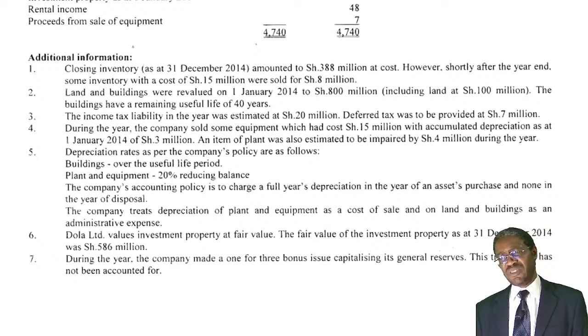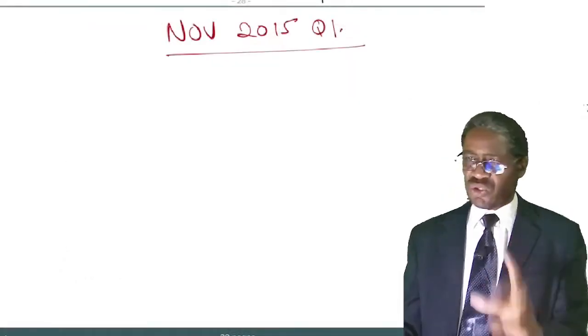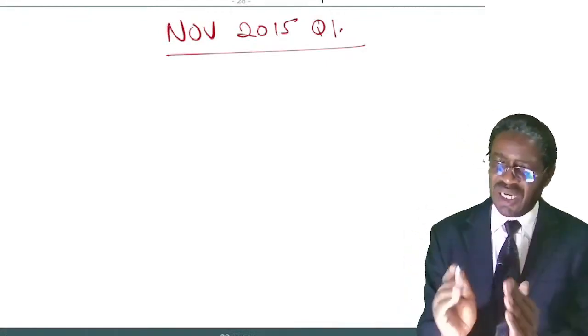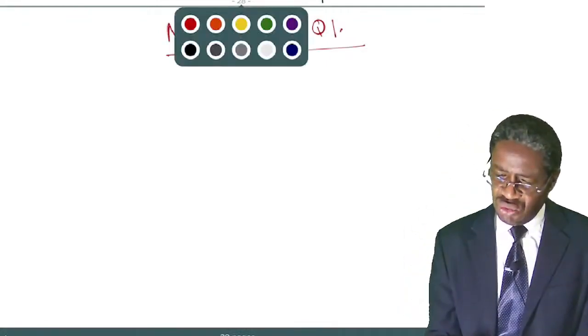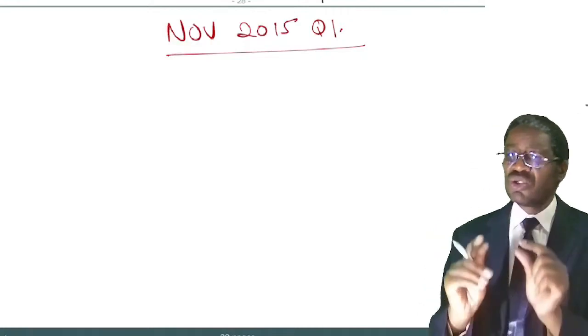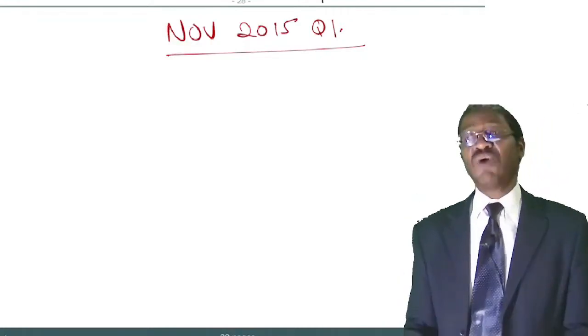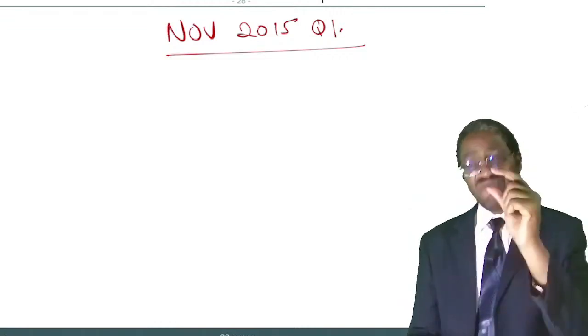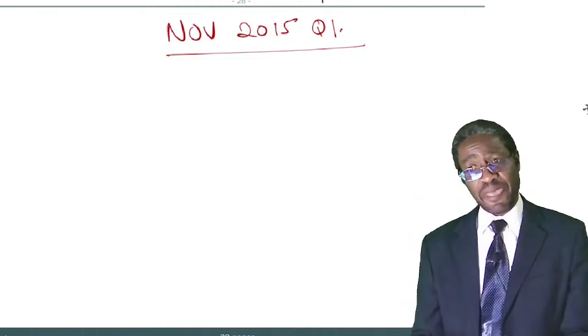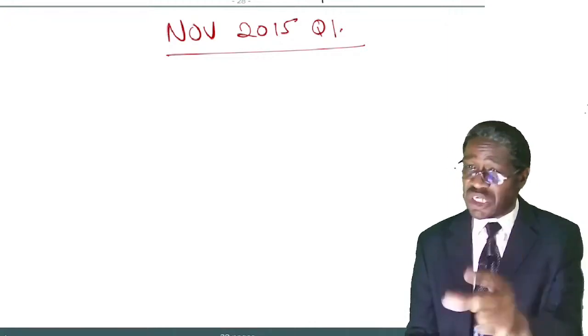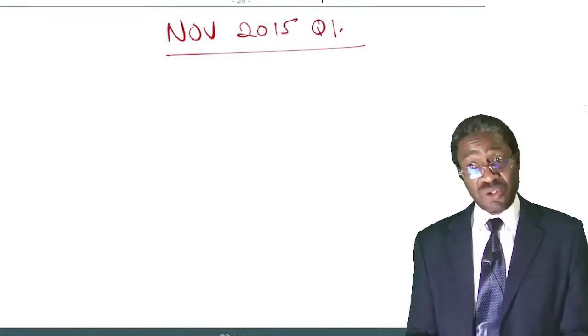So let me explain. First, of course, the examiner here is testing you on how you as a company value your stocks. How do you value a closing stock by the end of the year? There is always an accounting policy of valuing stocks.